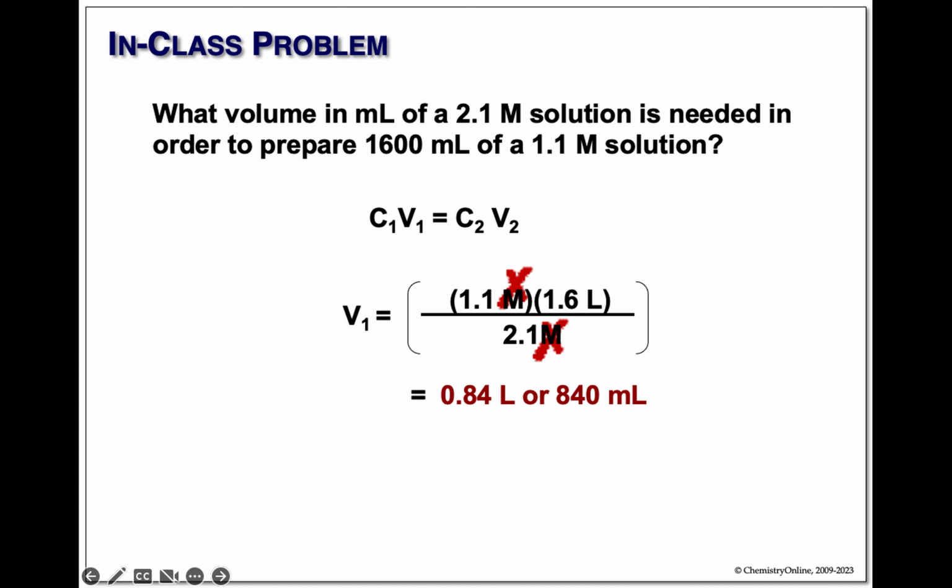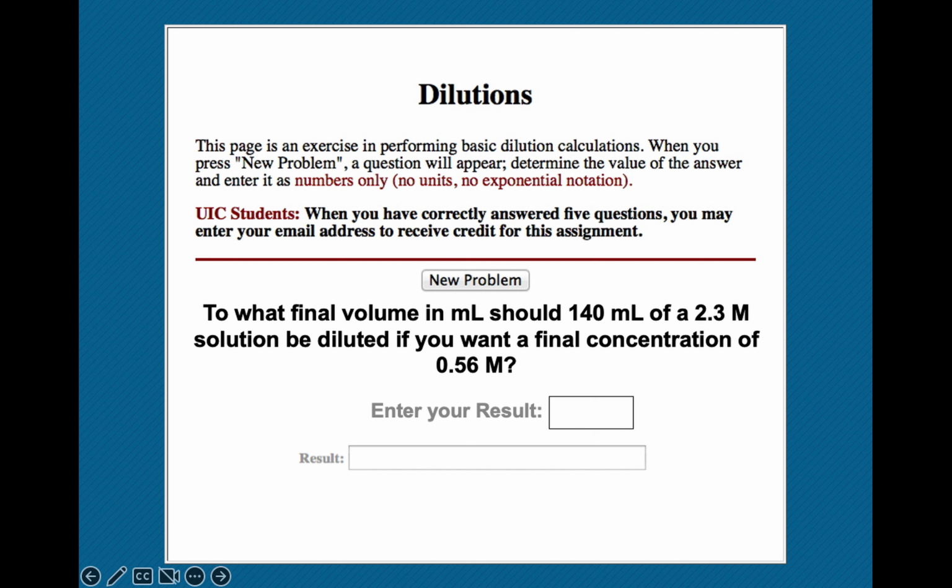Now our last tutorial in this chapter is dilutions. To what final volume? So we're looking for the final volume, that's V2. Should 140 mils of 2.3 molar be diluted if we want the final to be 0.56? V1C1, V2C2, we're looking for the final volume, that's V2.